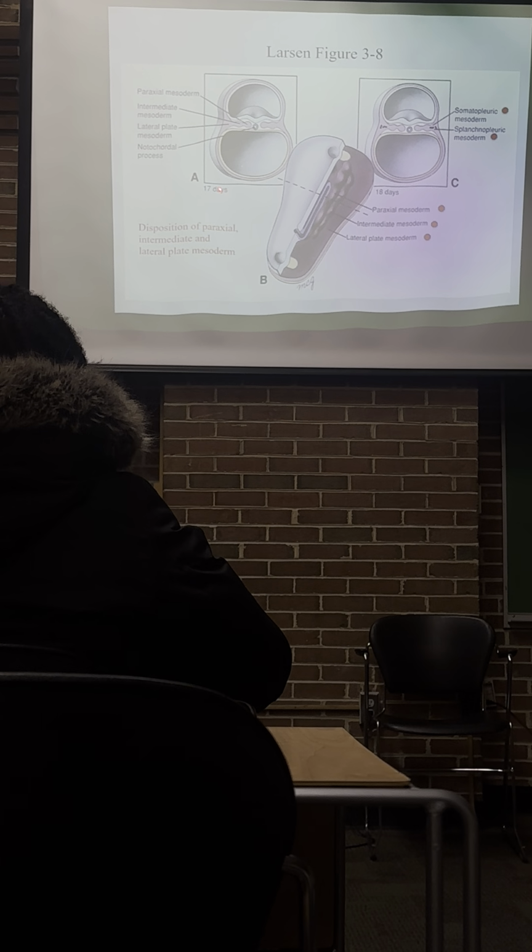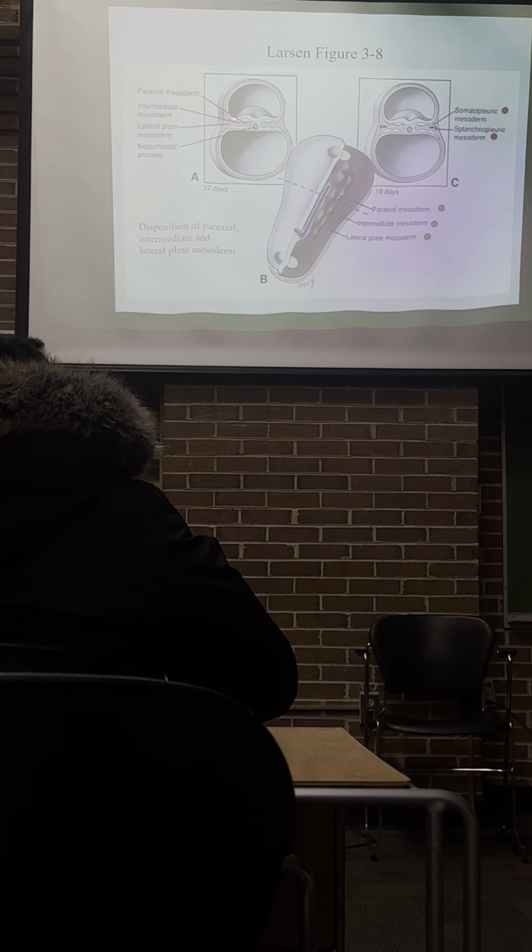So here, day 17, again, ectoderm in blue, amniotic cavity superior to it. Endoderm in yellow, yolk sac below it. And now we have the intraembryonic mesoderm differentiating.